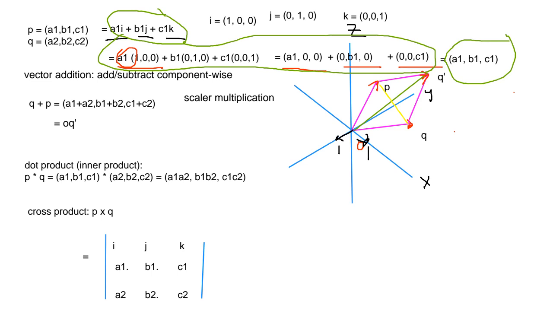If some of you have learned linear algebra, you may know this already. So we put two long bars on the side, put the i, j, k on top, then the values of the first vector, A1, B1, C1, then the values of Q on the bottom, A2, B2, C2.